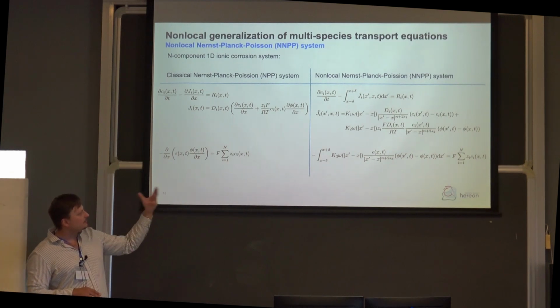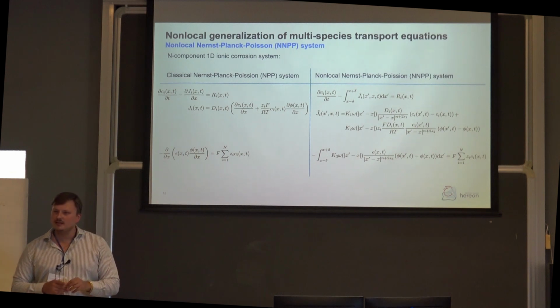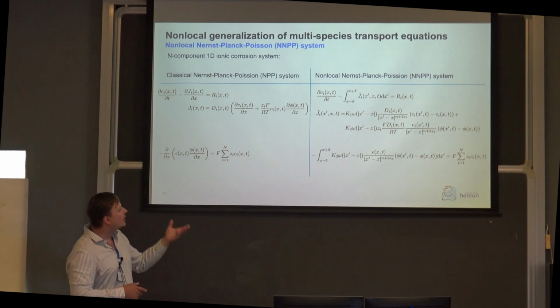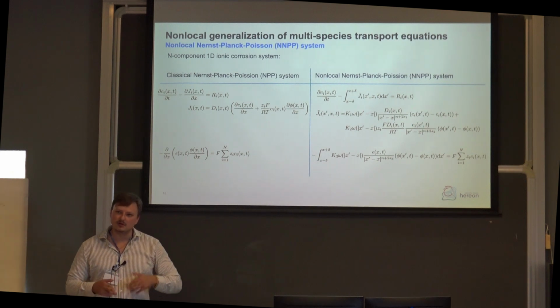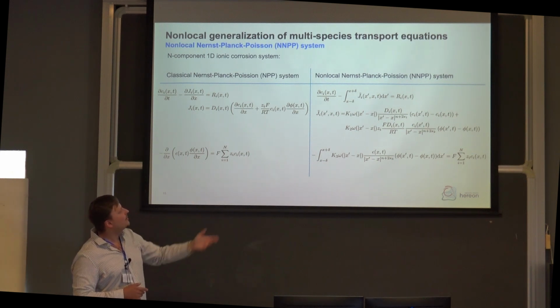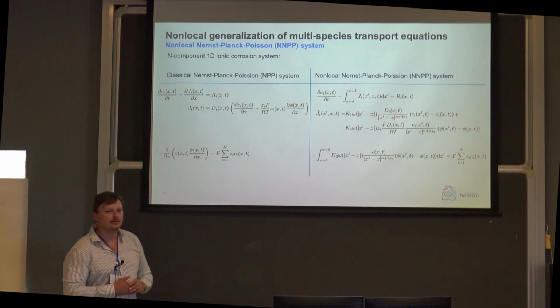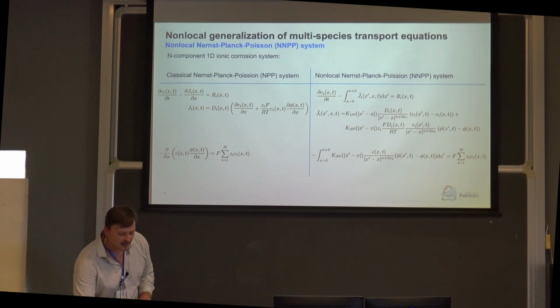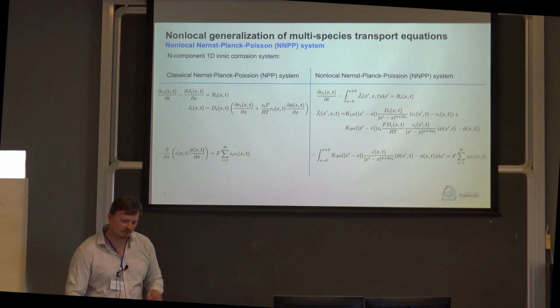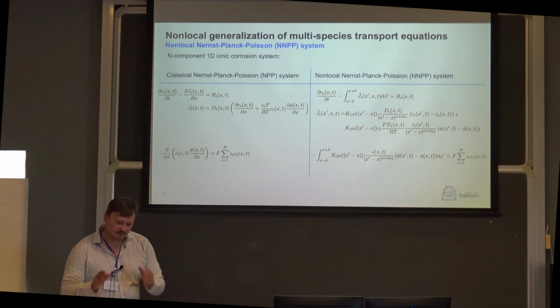But since these corrosion problems are intrinsically tied to mechanical damage, we speak of peridynamic corrosion, or peridynamic, non-local, Nernst-Planck system. We use these terms usually interchangeably and not in a very defined manner.